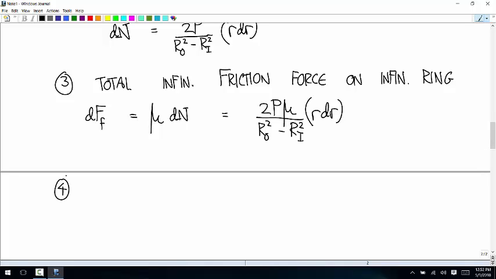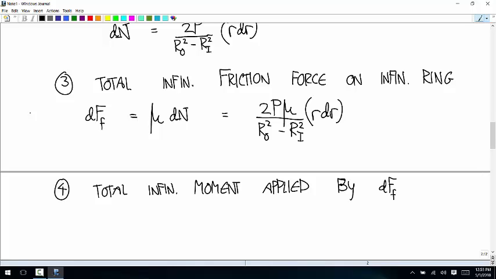And now the fourth step is the total moment produced by that friction force. So the total infinitesimal moment applied by the friction force. Well, every point on that infinitesimal ring has a moment arm of r from the center.